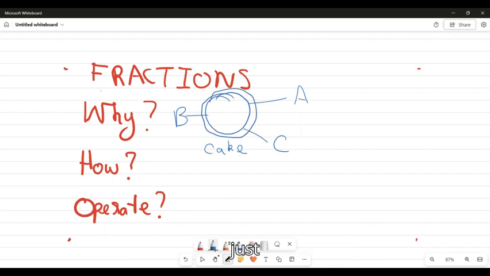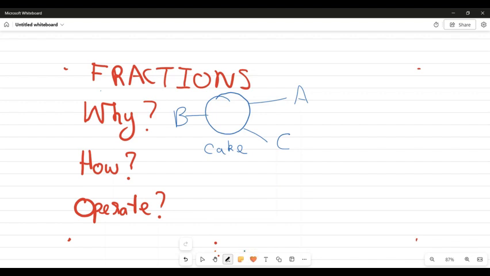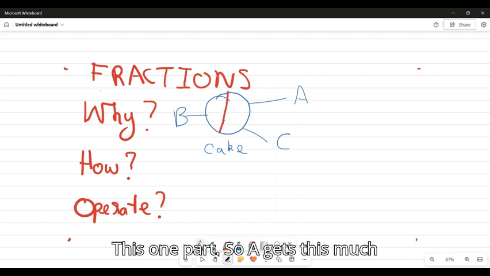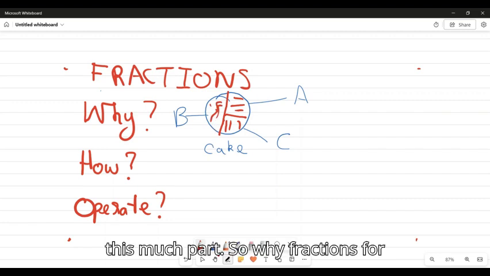So we will just cut it into three parts or break it into three parts. A gets this much part, C gets this much part, and the remaining part gets B. So why were fractions required?